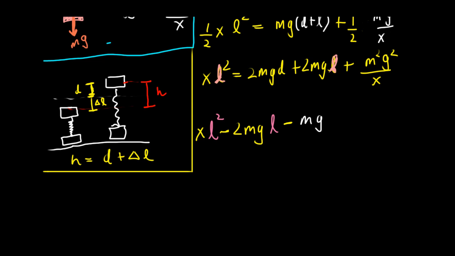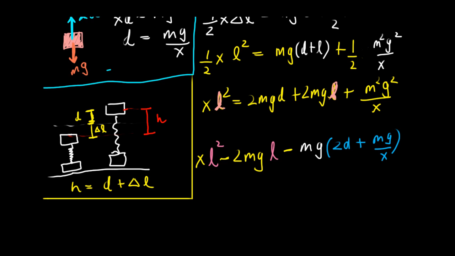And inside I will get what? Let's see. Inside I'll get 2d plus mg over x. Okay, so that's what I get.